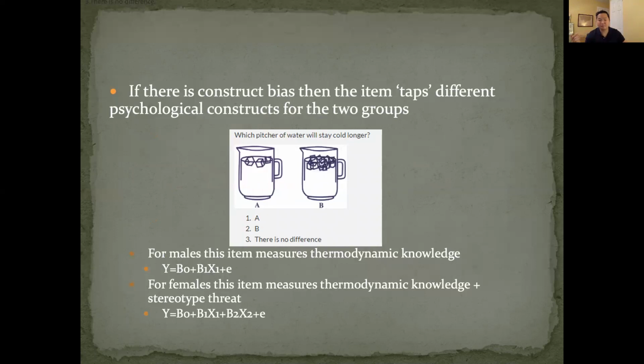Another way to think about this is that we have bias if the item taps or gets at a different construct for each group.